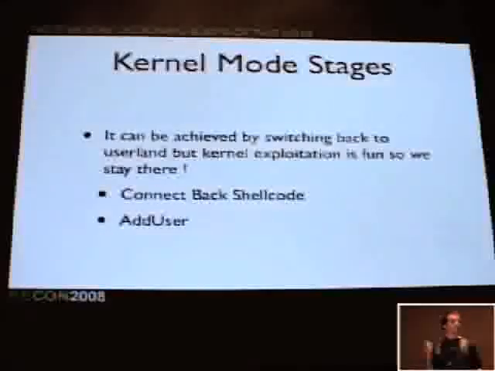So now I will present two different kernel mode stages. Basically, most of the time, what we do is we switch back to the user space for common exploitation techniques. But I decided not to do that and to stay in the kernel just for fun.